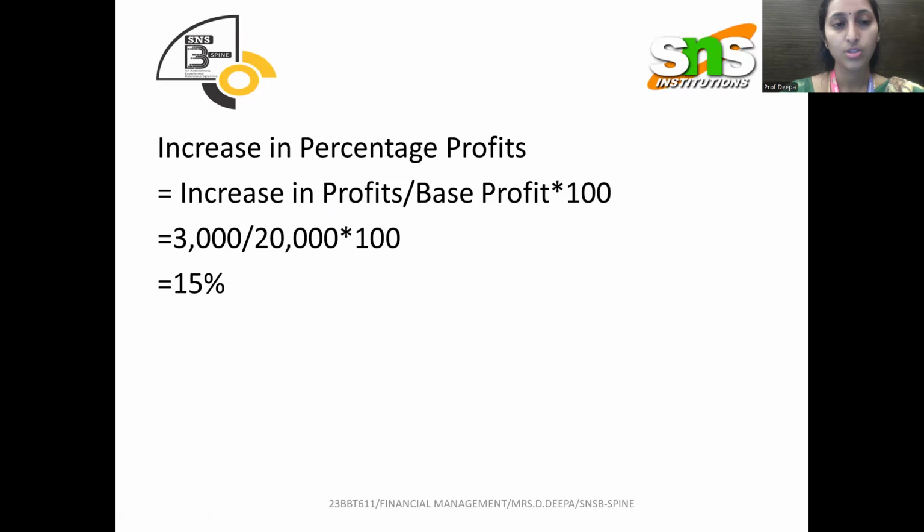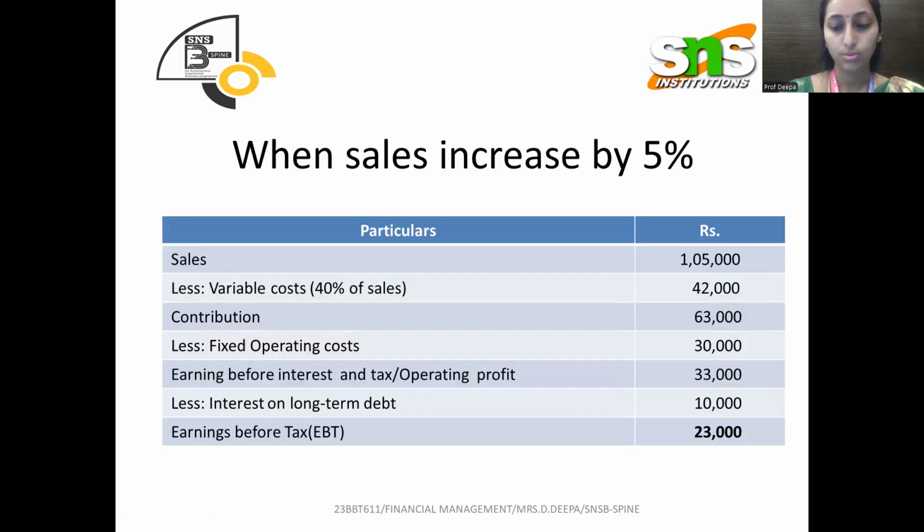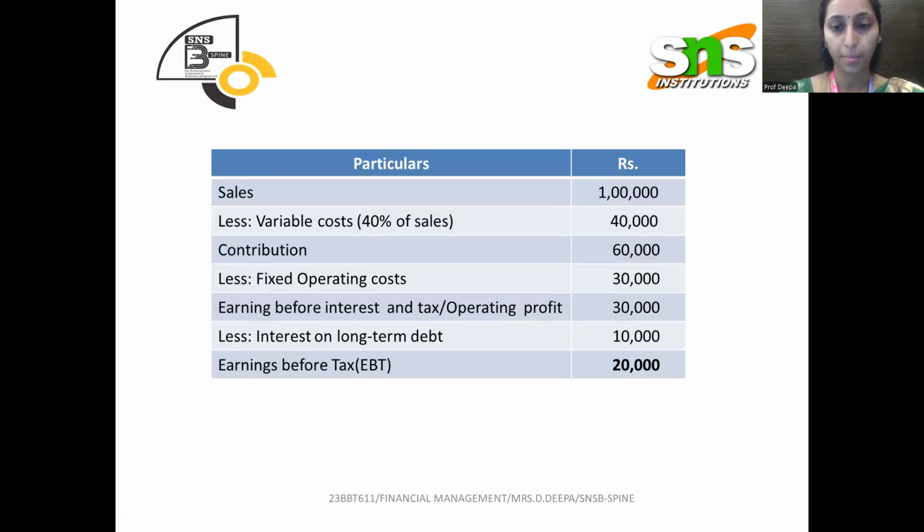So now the increase in percentage of profits. The formula is increase in profit divided by base profit into 100. How much has profit increased? First it was 20,000, second it is 23,000, so 3,000 is the increase in profit. The base profit is 20,000, the first profit that we received.